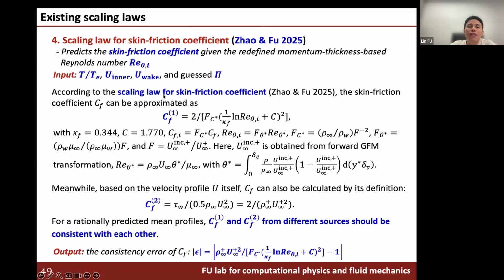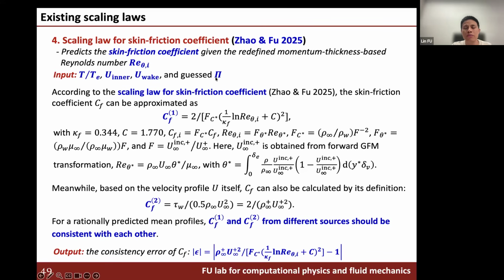But there is an unknown parameter at the beginning, as we mentioned. In the incompressible velocity profile, there is the Pi parameter in the wake regime, which is undetermined. So how to determine this? We need an additional condition to determine this Pi to close the system.